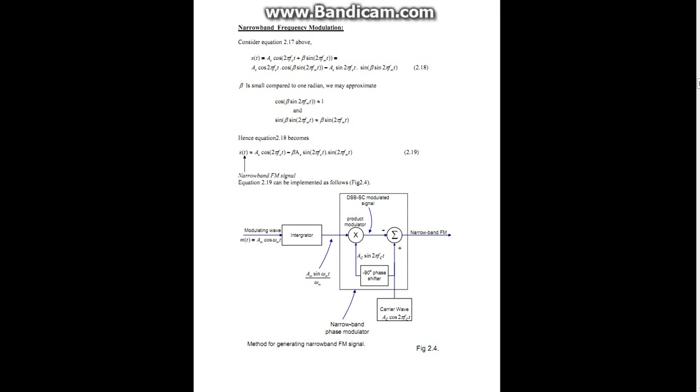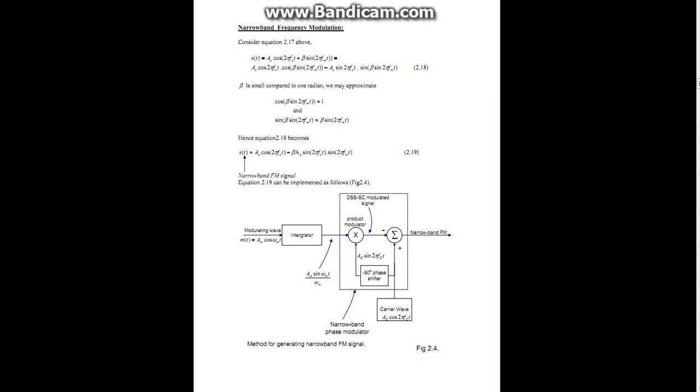Finally we get the equation of the narrowband FM signal: s(t) = Ac cos(2π fc t) − beta Ac sin(2π fc t) sin(2π fm t).